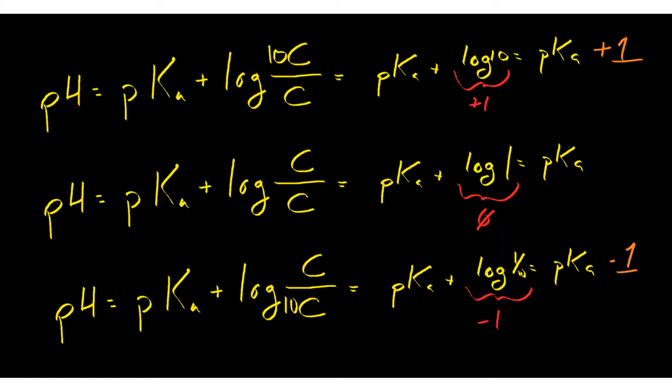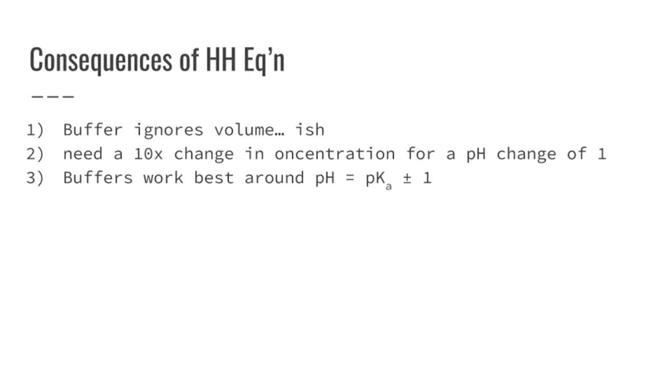Okay? So your pH is just going to be equal to pKa, or your pOH would be equal to pKb. So what that would mean there is that in order to get a pH change of 1, in either direction, you're going to need a 10 times change in the concentration of either your conjugate or your weak thing.